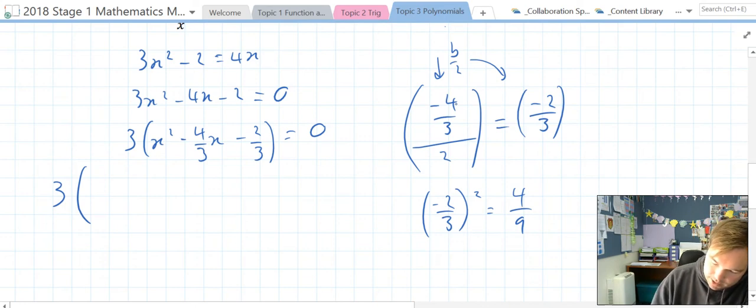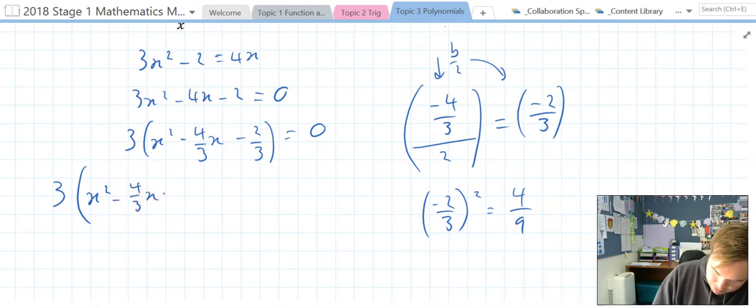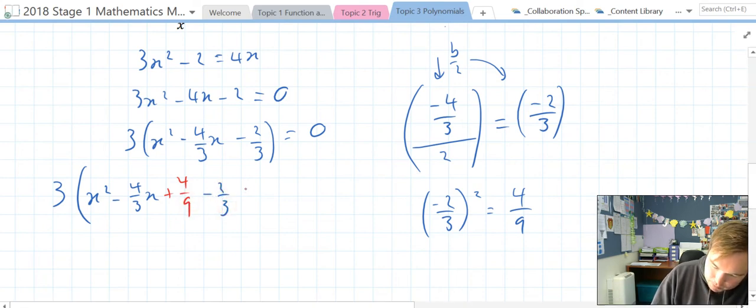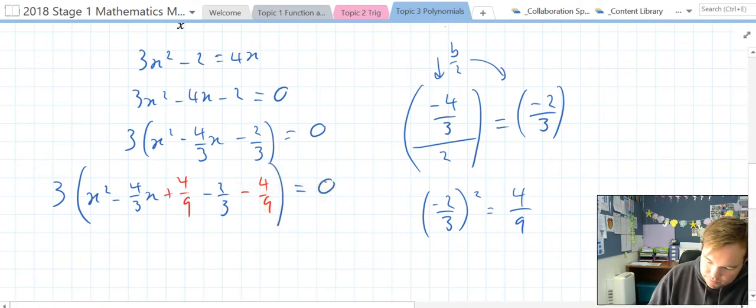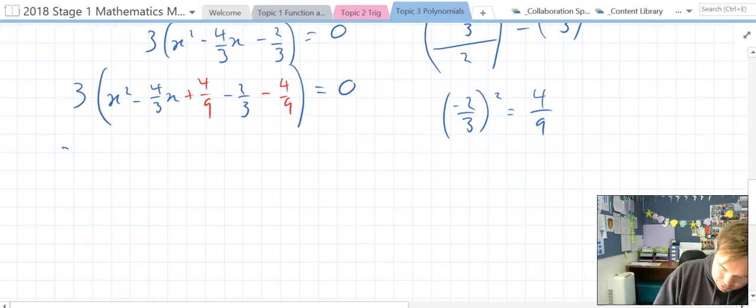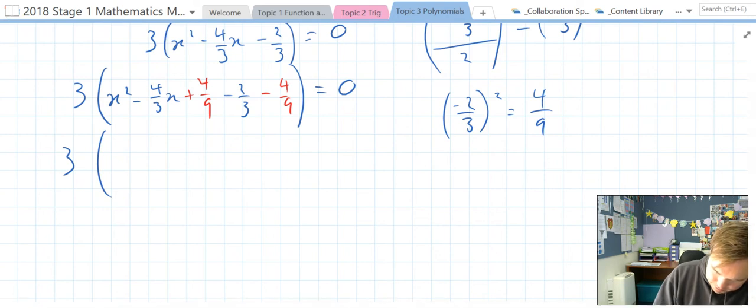Alright, so here we want to add that 4 on 9 and take it off again. x squared minus 4 on 3 x plus 4 on 9 minus 2 on 3 minus 4 on 9, close brackets, equals 0. Alright, leave the 3 hanging at the front and now deal with what's in here. So once again it happens in halves.